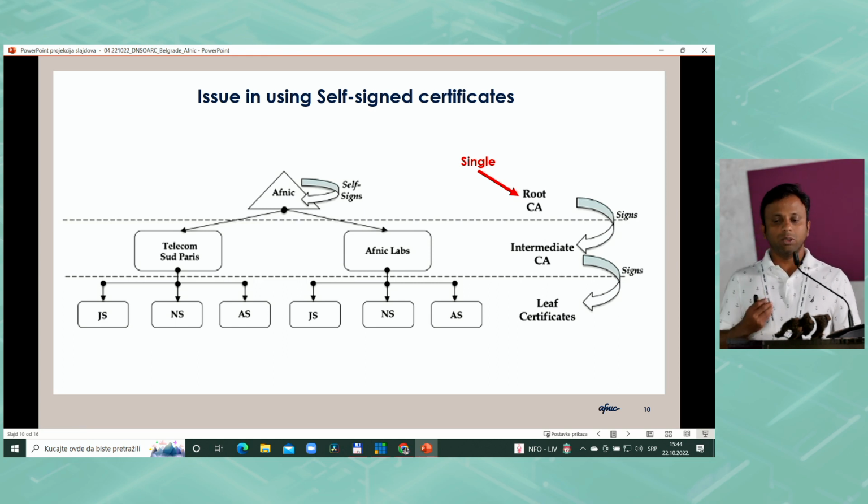So what we did was emulate the root CA, and we created an intermediate CA for Telecom Paris, and the intermediate certificates could be used to produce the leaf certificates for the different servers. This is an issue, as it is a single root CA, and it could not be used when scaled. So that's an issue.